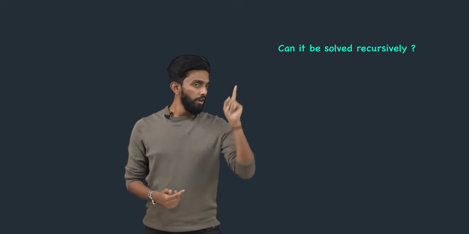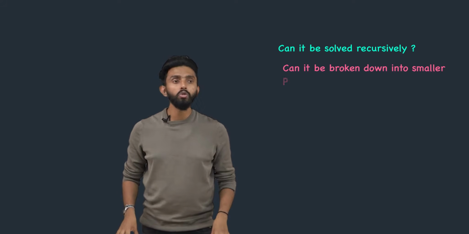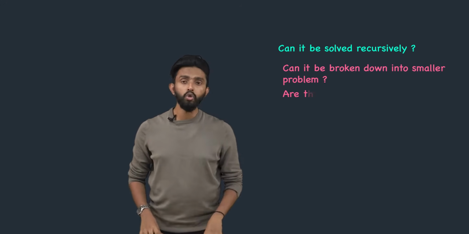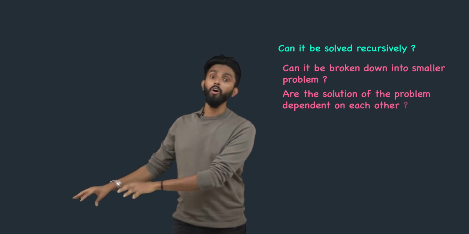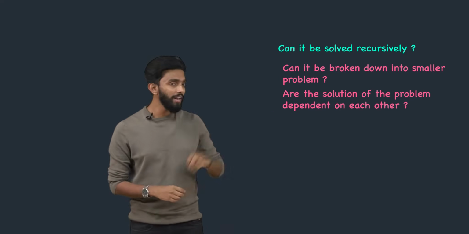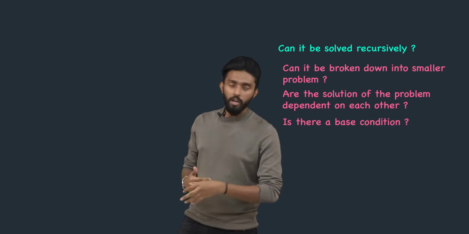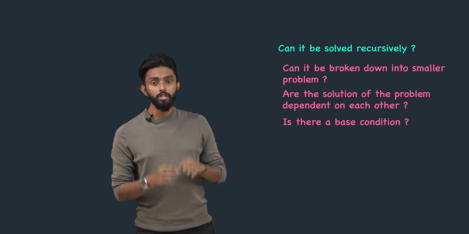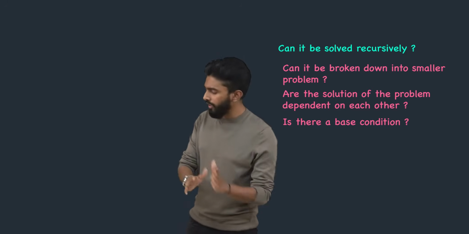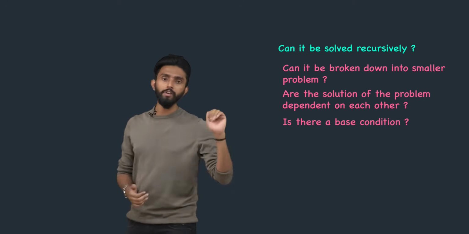First point is, can it be broken down into smaller problems? Second point, are the solutions of the problems dependent on each other or the previous problem, right? Is there a base condition? If for these 3 questions you get a satisfactory answer, definitely a problem can be solved recursively.